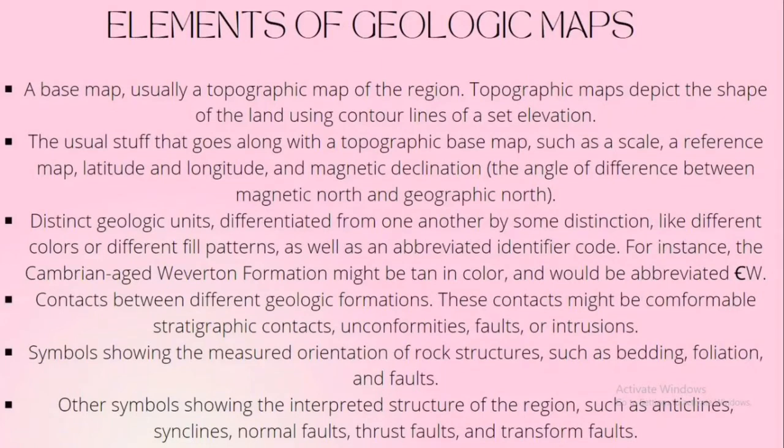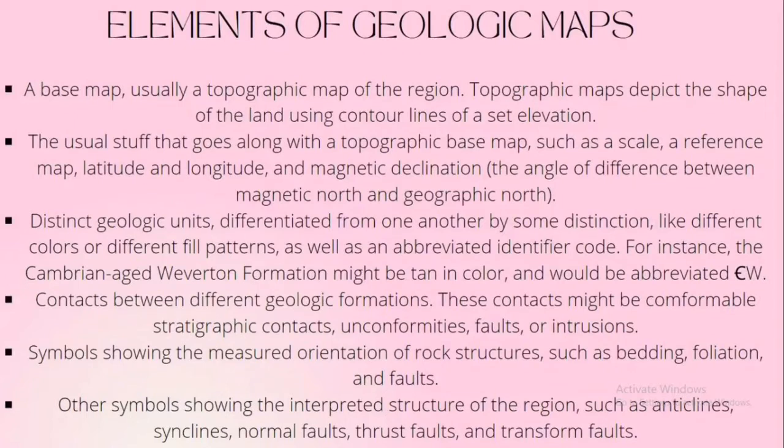A base map, usually a topographic map of the region. Topographic maps depict the shape of the land using contour lines of a set elevation. The usual stuff that goes along with the topographic base map, such as scale, a reference map, latitude and longitude, and magnetic declination, the angle of difference between magnetic north and geographic north. Distinct geologic units differentiated from one another by some distinction like different colors or different fill patterns, as well as an abbreviated identifier code.